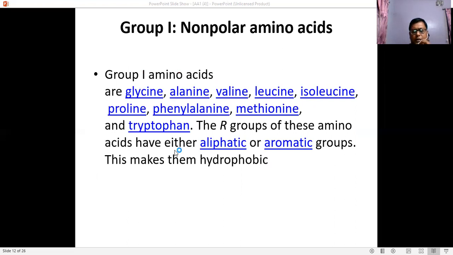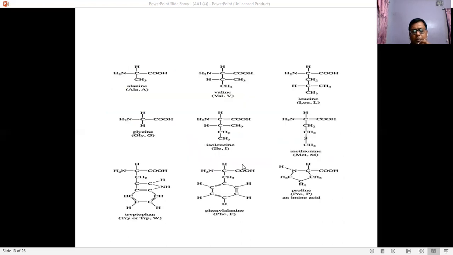They are glycine, alanine, valine, leucine, isoleucine, proline, phenylalanine, methionine, and tryptophan. The R groups of these amino acids have either aliphatic or aromatic groups. This makes them hydrophobic.